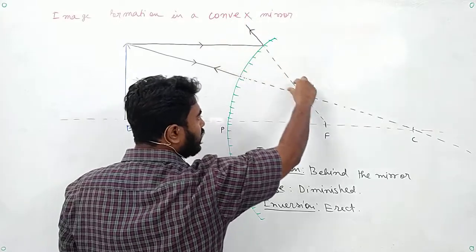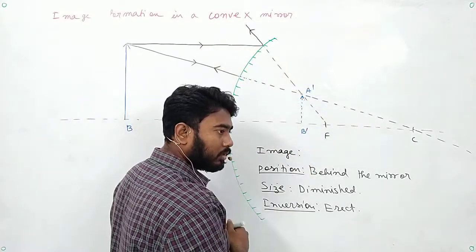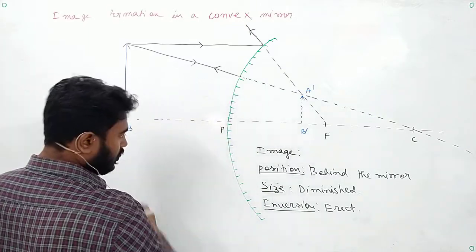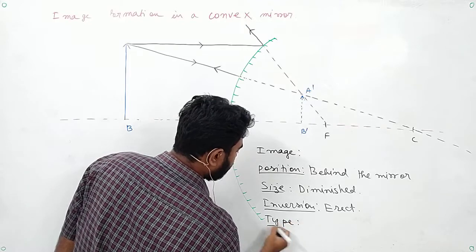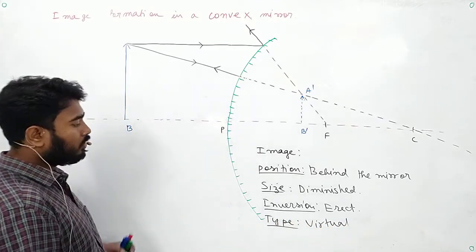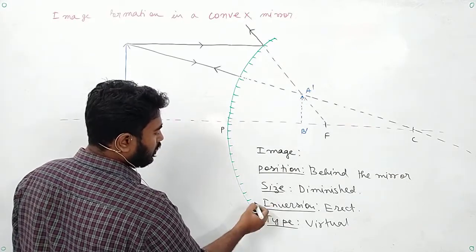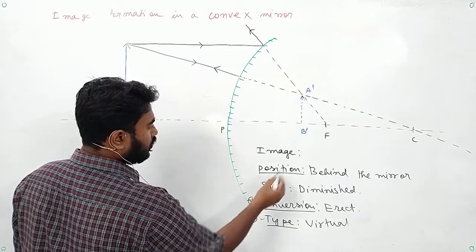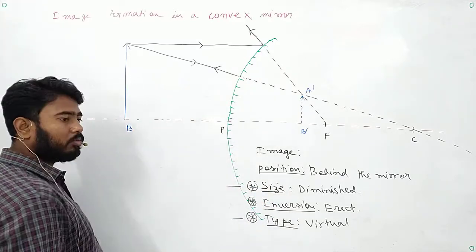We extended the rays backward and the extended portions met. That means the type of image is virtual. Now, we must understand these 3 points. Out of these, 2 are most important.